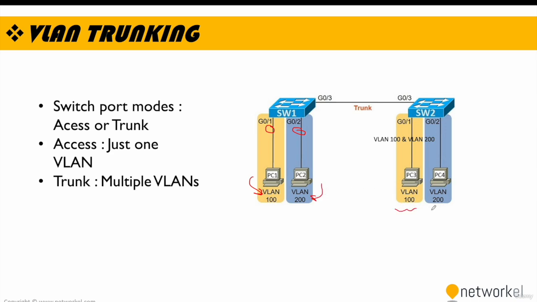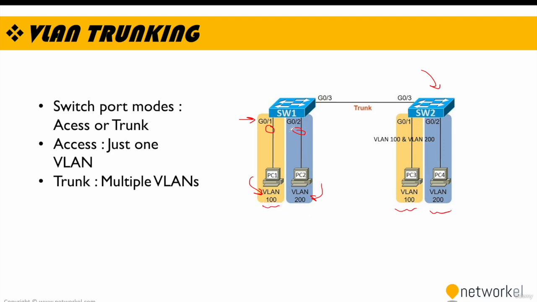Same thing applies to the other switch. In here, Gigabit Ethernet 0/1 port is an access port, guys, which means it is only responsible for carrying the traffic from VLAN 100 only.